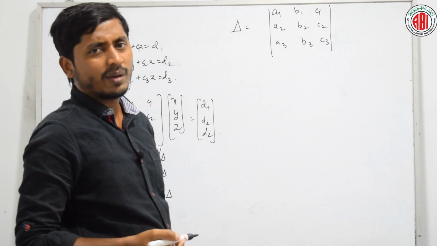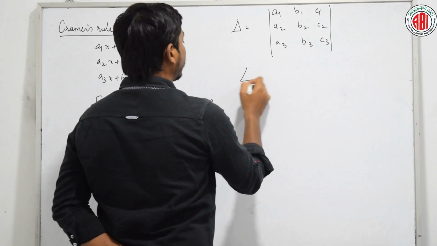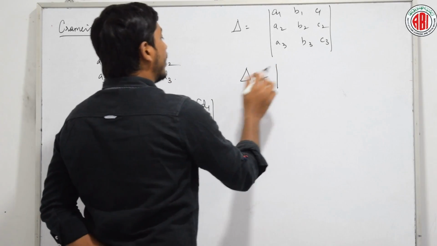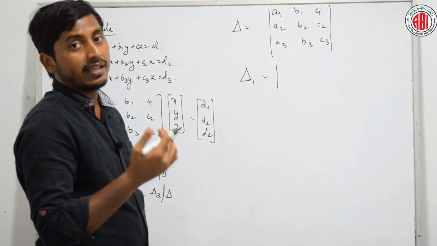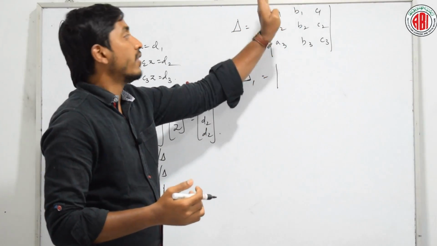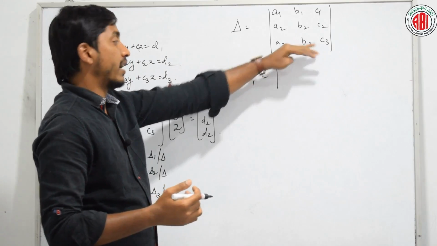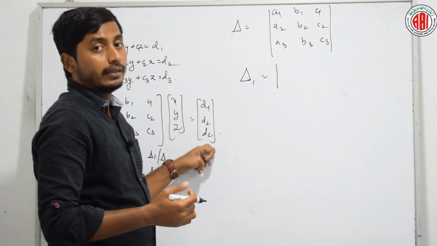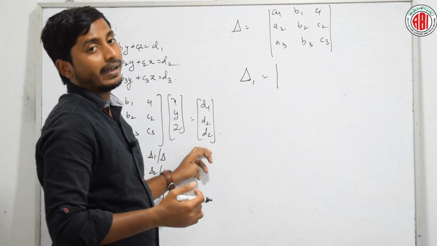Then what about this delta 1? Delta 1 is also the determinant of a matrix in which the first column of the coefficient matrix is replaced by the constant matrix.